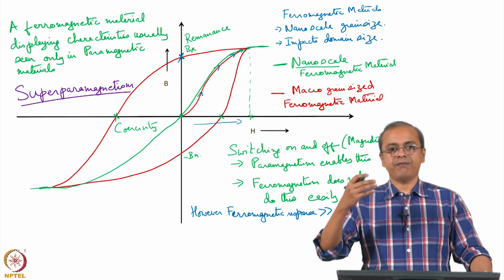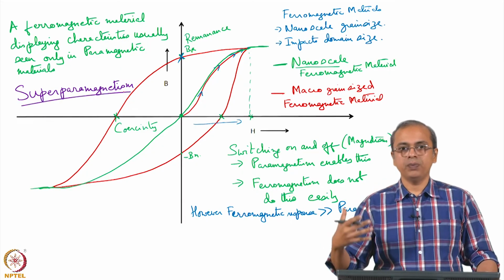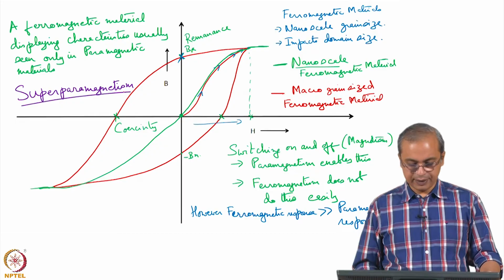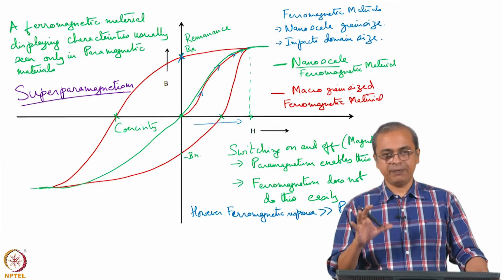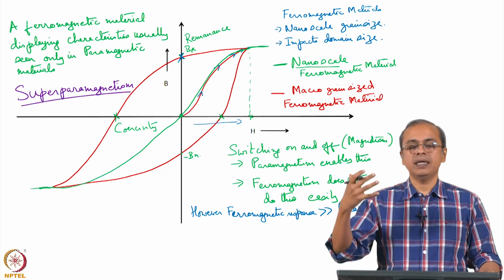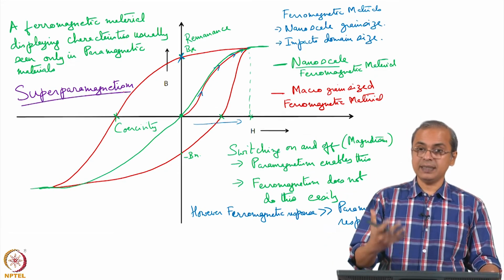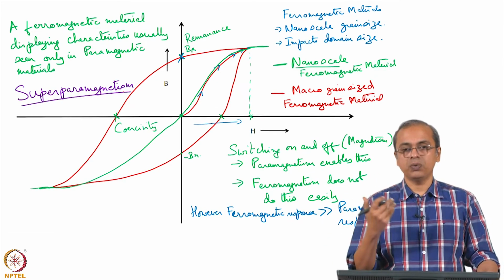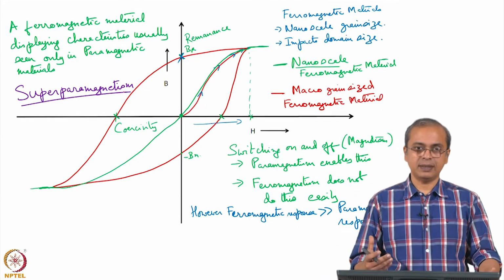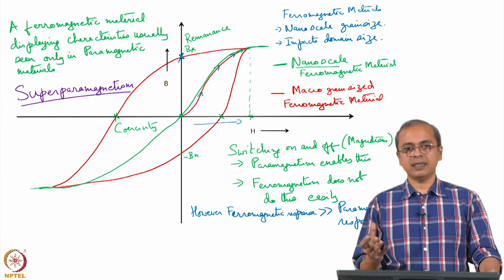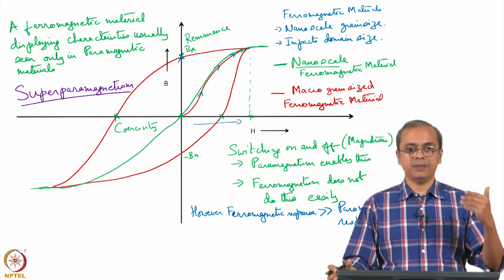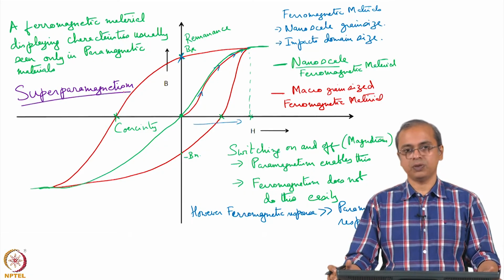This idea that a ferromagnetic material shows behavior similar to a paramagnetic material is referred to as superparamagnetism. It has very significantly to do with the fact that you have taken a ferromagnetic material and changed the grain size or the crystal sizes down to nanoscale, thereby disrupting the ability of the domains to assist each other, and thereby creating the situation that when you switch off the applied field, the induction drops to 0.